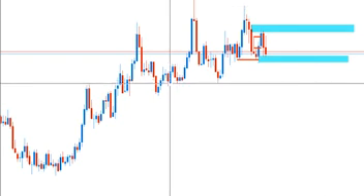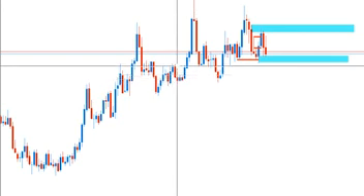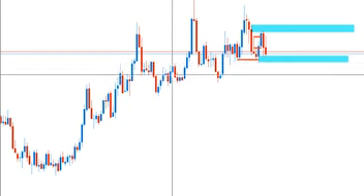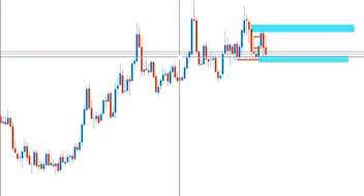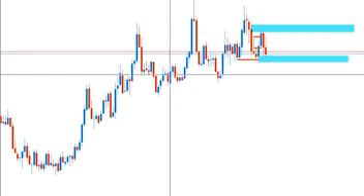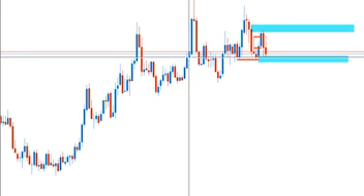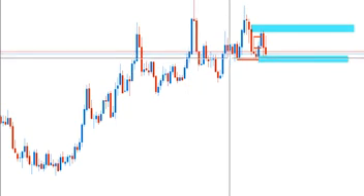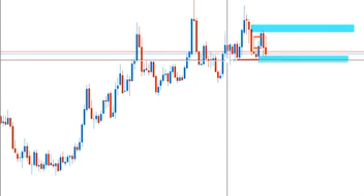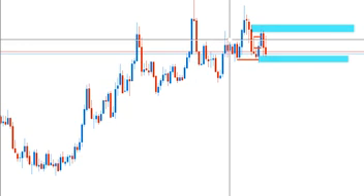Now, look at what happened here. This is a complex pullback here. Price came and took liquidity with this, our red horizontal line, and pushed up to break structure.